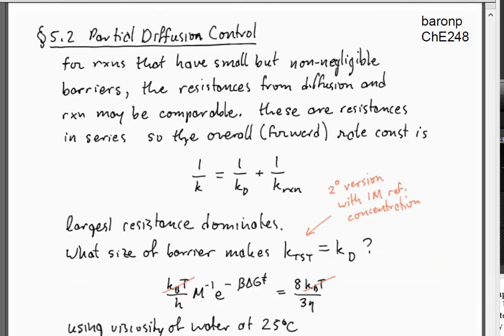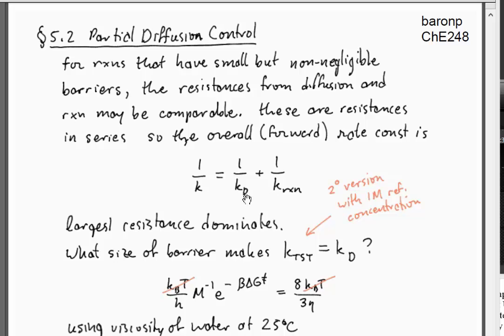Okay, the last thing I want to work in here is partial diffusion control. So in many cases you have a reaction that's near the diffusion controlled limit, but the actual barrier might start to be appreciable, and we can mix the diffusion control and reaction barrier controlled rates together in the usual way. You can't react until you can get sufficiently close to do so.